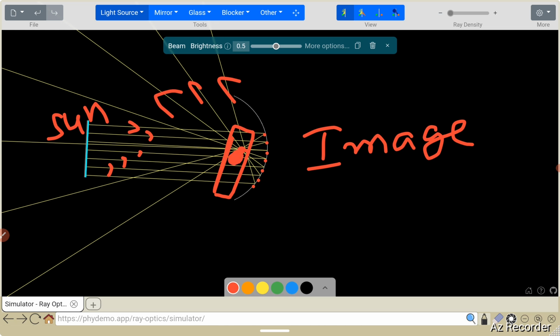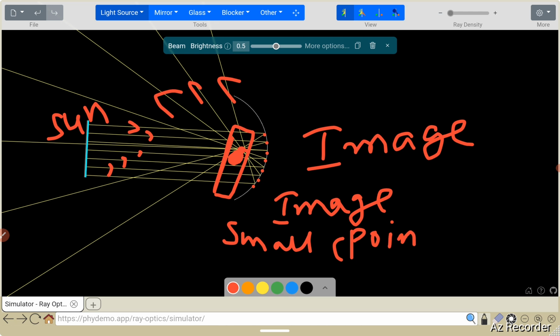This point will be formed on that paper. That point is the image, a very small, point-size image forming on this paper. So many light rays after reflection are concentrated here. Due to this concentration, this paper starts burning.